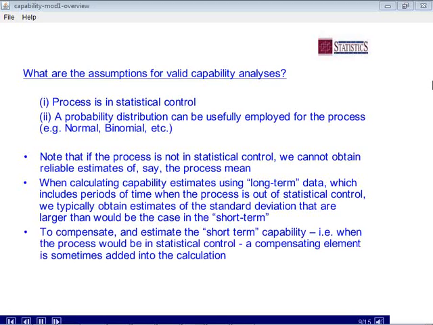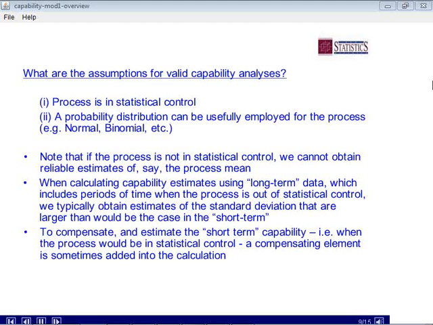So to compensate, what is sometimes done to estimate this short-term capability, that is when the process would be in statistical control, sometimes there's a compensating element that's added into the calculation, this so-called long-term sigma shift and drift. You take the sigma value and you add 1.5.